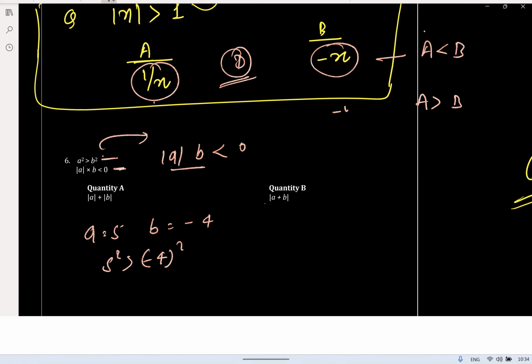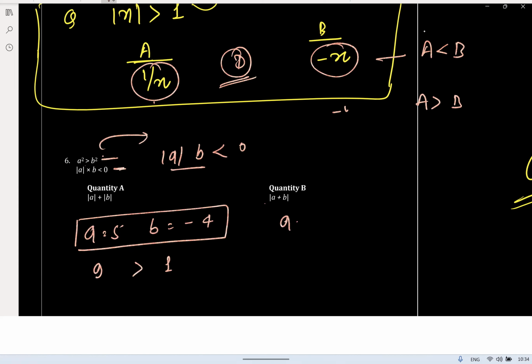And A times B, 5 into minus 4, is less than 0, which is also correct. So this is one value which satisfies both statements. Put it in quantity A: you get 5 plus 4, 9, which is greater than minus 4. Yes situation. Now take A equal to minus 5 and B equal to minus 4.